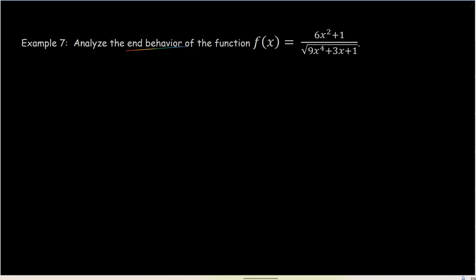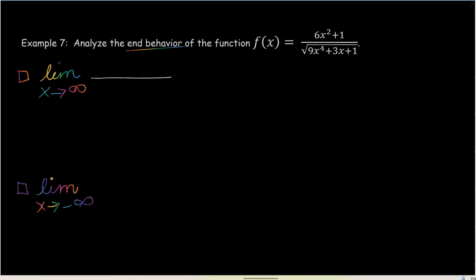Now the end behavior means what happens way out there. That means what happens to this function as x is approaching infinity, and then what happens as x is approaching negative infinity. So we're talking about what happens to this function way out there to the right and way out there to the left.